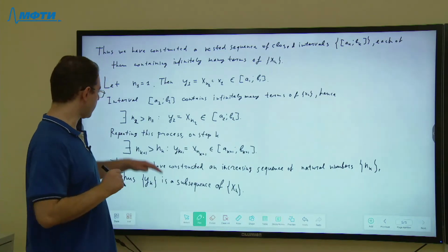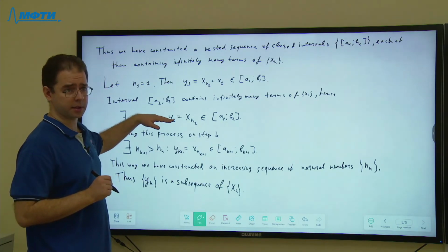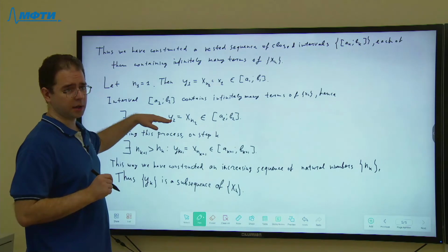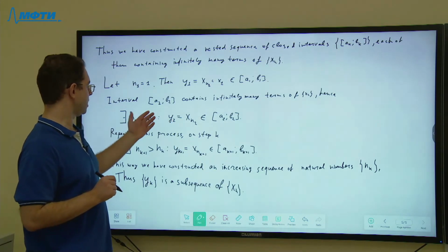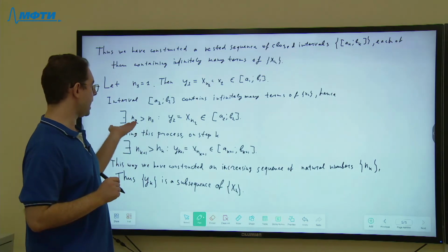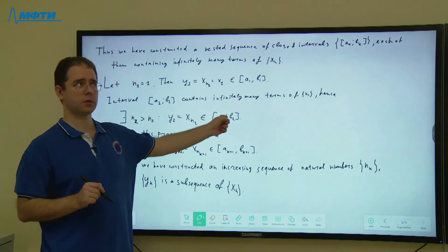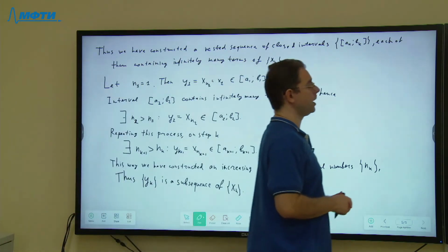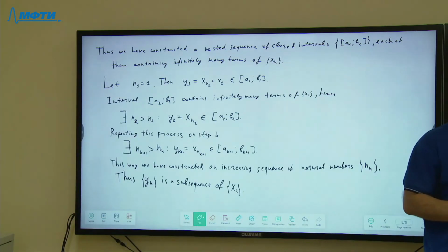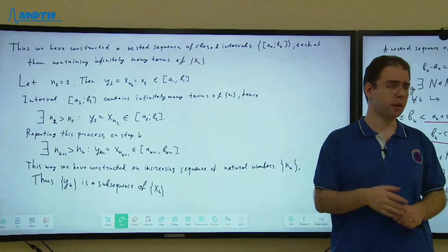Actually, on this first step it's not a very interesting statement, because any natural number would be greater than n_1, except just 1.